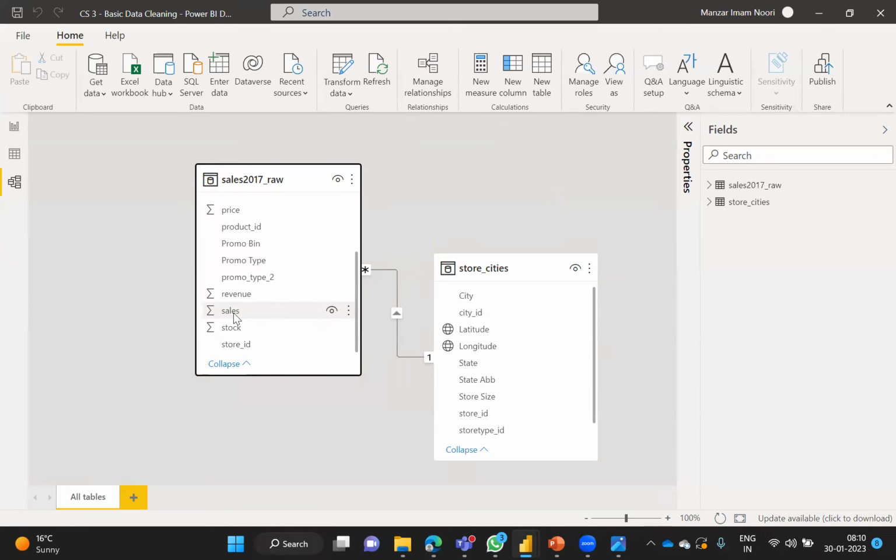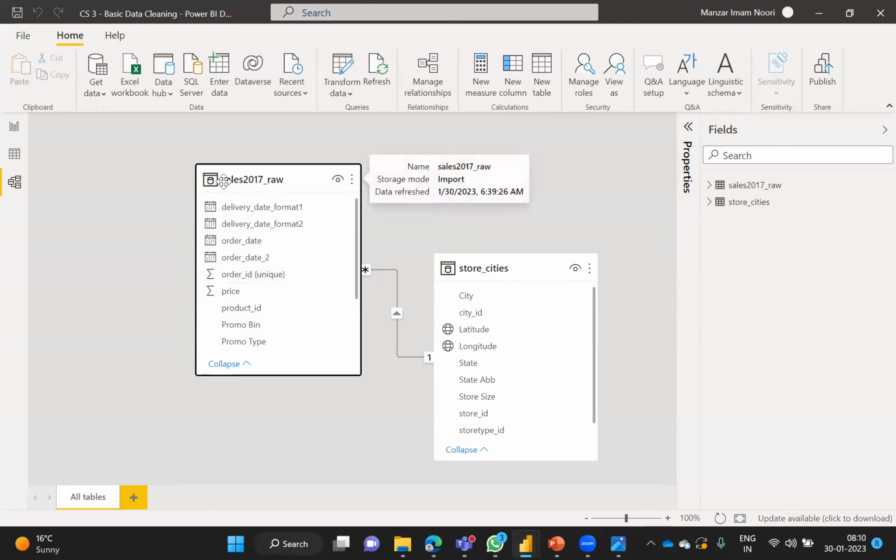You can see here we have the sales, stock, store ID, which is again a foreign key, then revenue, and we have some fact information: measures, prices, dates, and only keys. Apart from that, we don't have anything else. This is what the fact table is in our case.